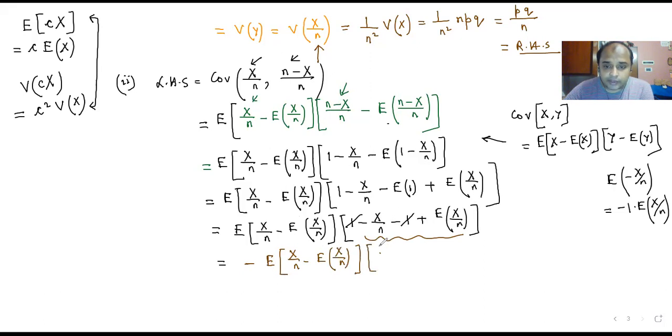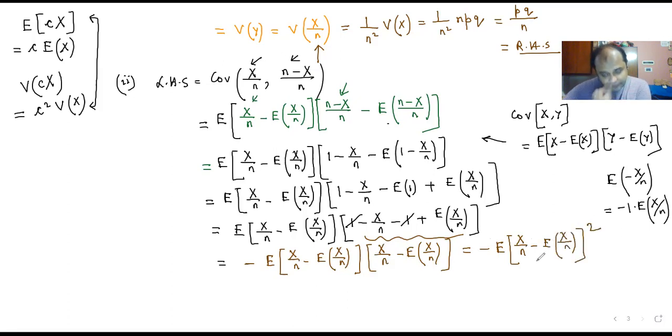You can write it as x by n minus expectation of x by n, and this can be written in turn as expectation of x by n minus expectation of x by n whole square. And what is it? This is nothing but variance of x by n preceded by a minus sign.